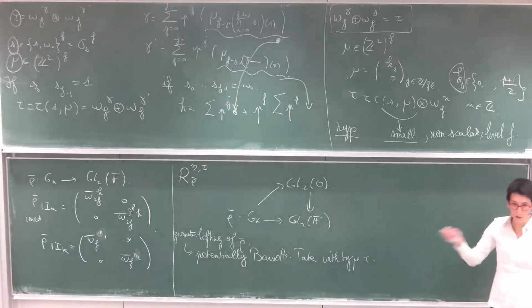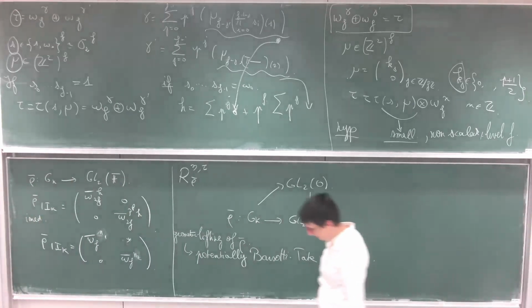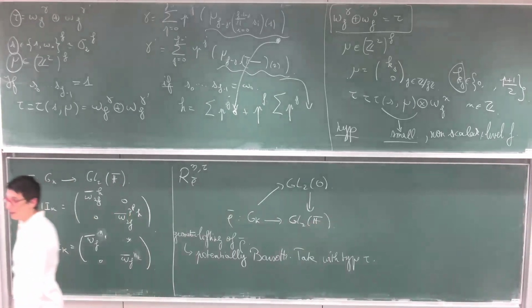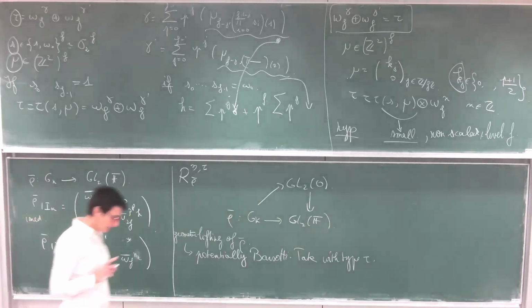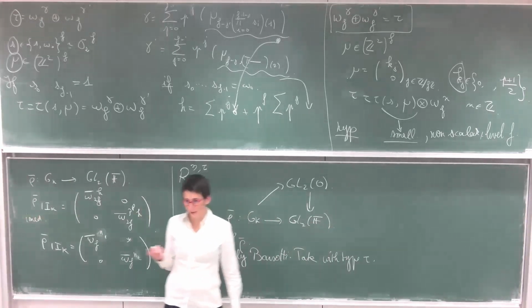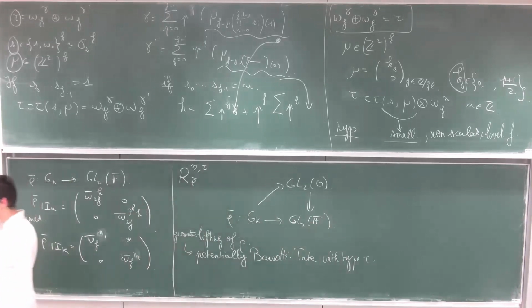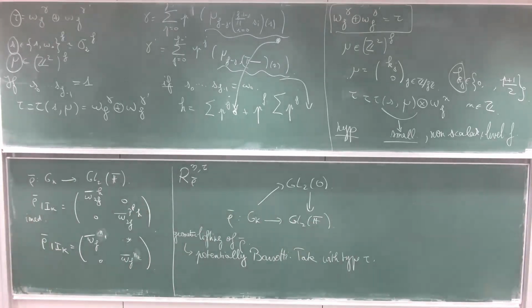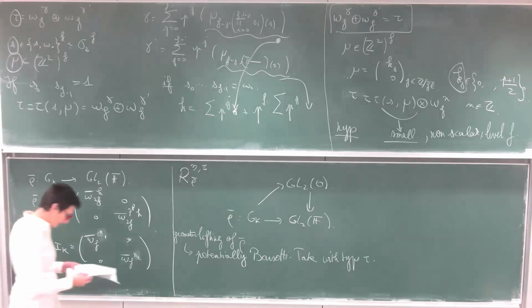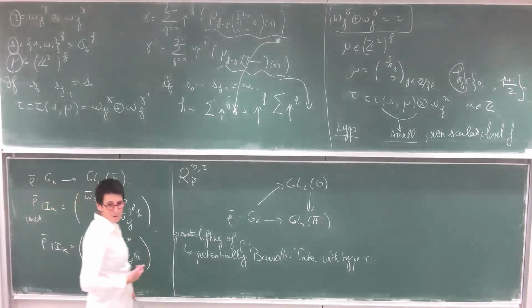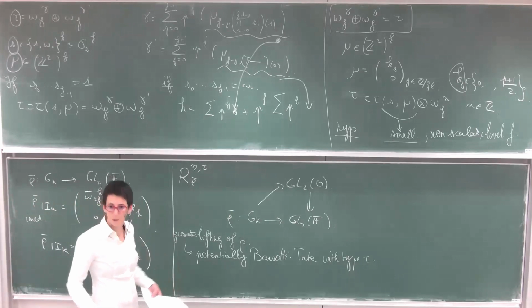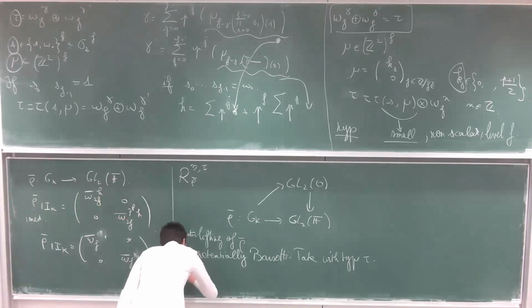But it was in my title, and I will not define this notion. It is due to Fontaine. In fact, Barsotti-Tate representation is the same as the crystalline representation with Hodge-Tate weight 0 and 1. And I don't want to go into Fontaine theory, but I will just tell you that it's the same. So we have an equivalence of categories.